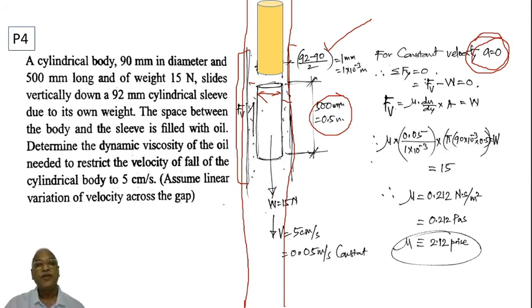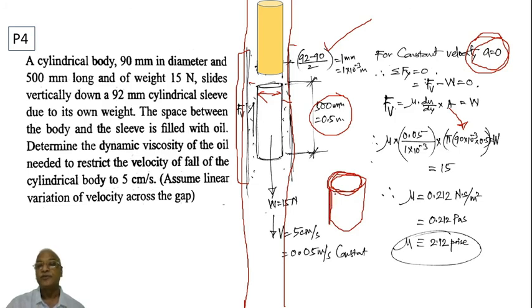Only one Fv I have shown, but it is not acting only on this side, it is acting all along the cylindrical surface, right? So when we calculate Fv, we should see that it is shear stress multiplied by the area, and this area is the cylindrical surface area which is in contact. You know that when it is opened up, it will have pi d or 2 pi r multiplied by h or height.